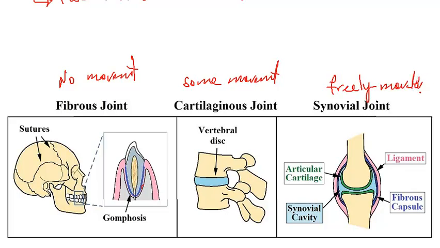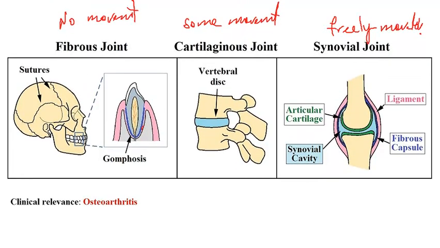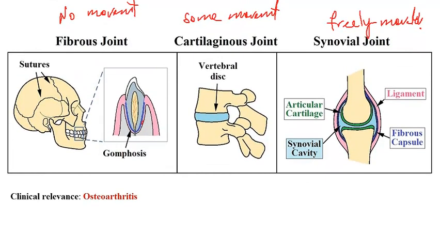The next phenomenon that I would like to discuss is called osteoarthritis, which refers to gradual degeneration of the articular cartilage in the synovial joint. So this is degeneration of synovial cartilage.